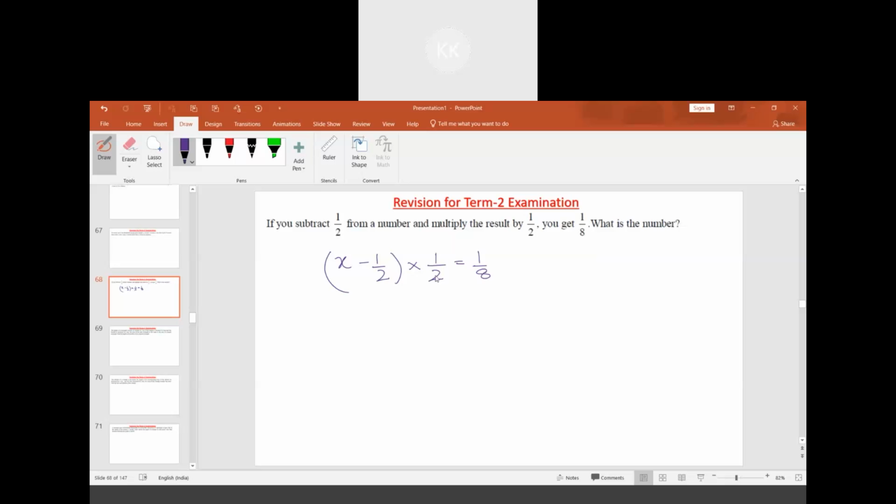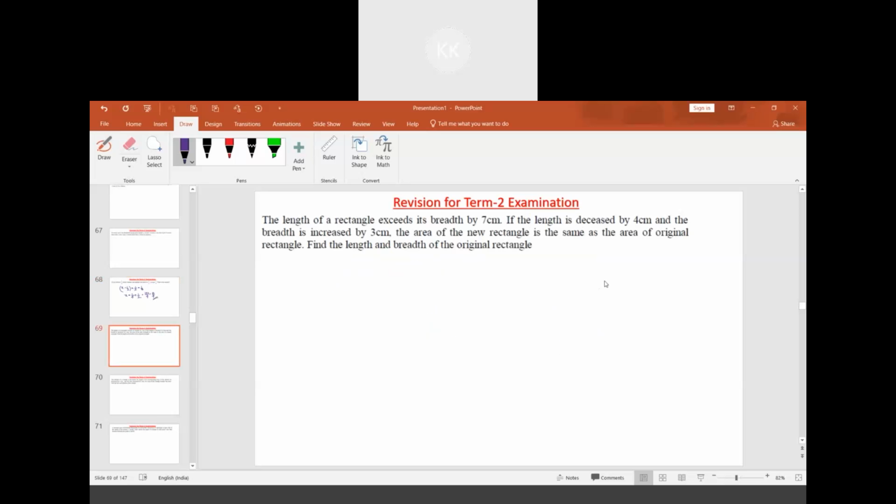So if you cross multiply, it becomes 2 by 8, which is 1 by 4. So x will be equal to 1 by 4 plus 1 by 2. So we get 3 by 4, sir. Yes. This is one of the easy questions, 2 marks.